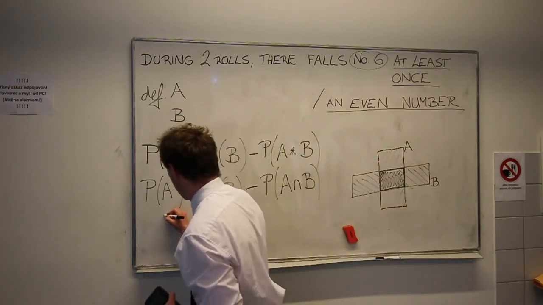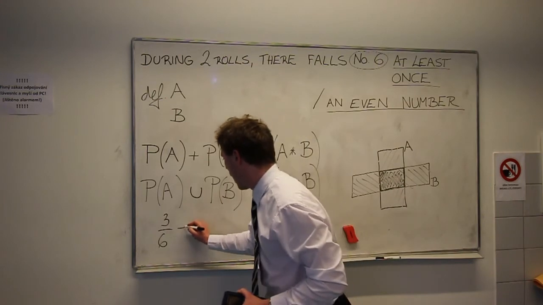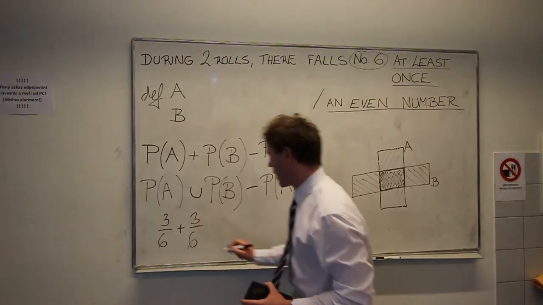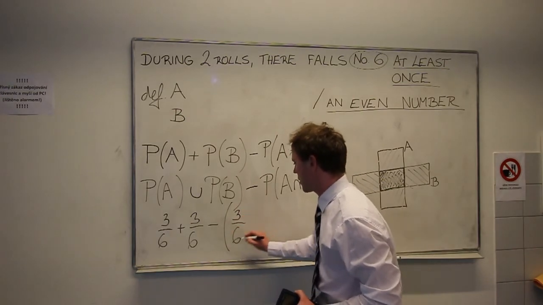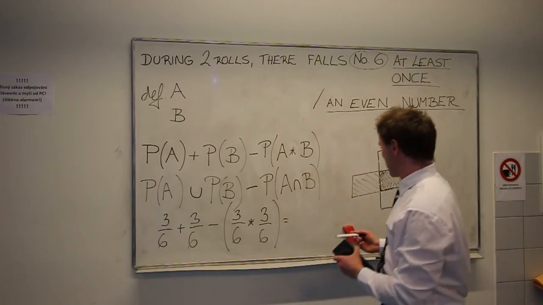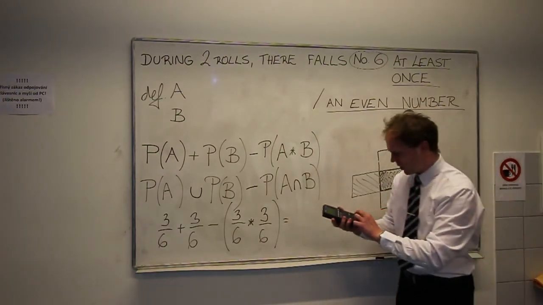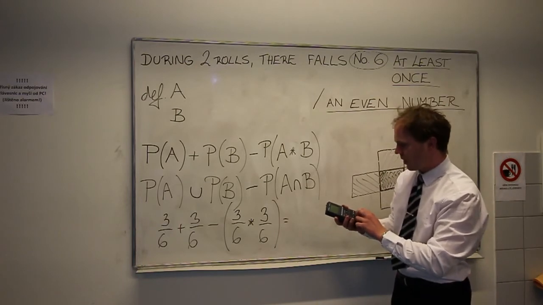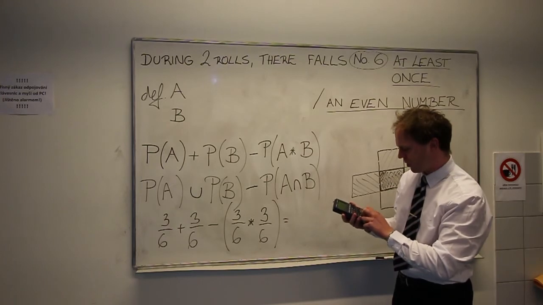Probability of A, 3 divided by 6 plus 3 divided by 6 minus multiplication 3 divided by 6 times 3 divided by 6. Yes, so we can calculate the result: 3 divided by 6 plus 3 divided by 6 minus multiplication 3 divided by 6 times 3 divided by 6.